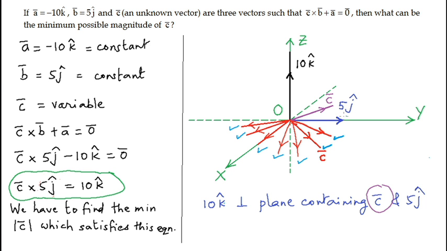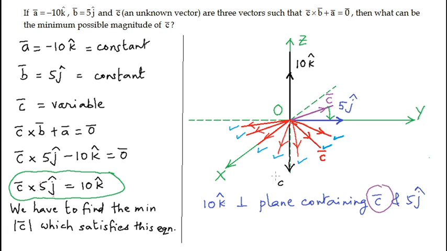If we curl the fingers of our right hand from the vector C bar to the vector 5j cap through the smaller angle between them, basically this angle, and we stretch the thumb of our right hand, with some imagination you will see that C bar cross 5j cap does not point in the positive z direction, rather it points in the negative z direction, like this.